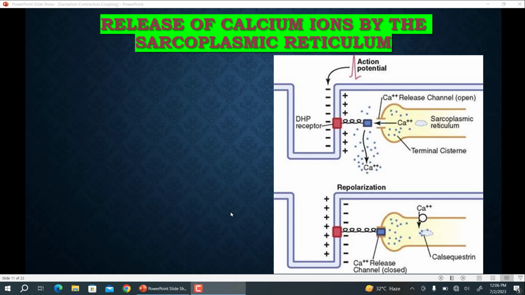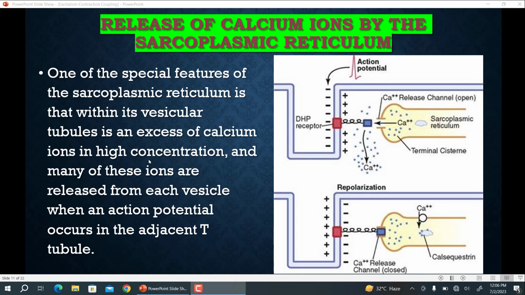Release of calcium ion by the sarcoplasmic reticulum. One of the special features of the sarcoplasmic reticulum is that within the vesicular tubule is an excess of calcium ion in high concentration, and many of these ions are released from each vesicle when an action potential occurs in the adjacent tubule.